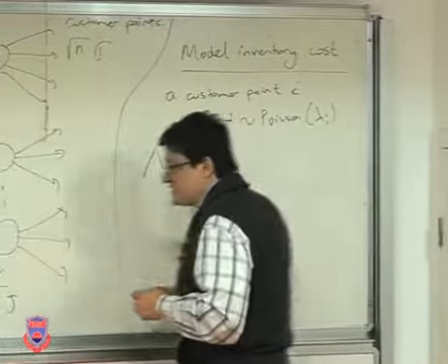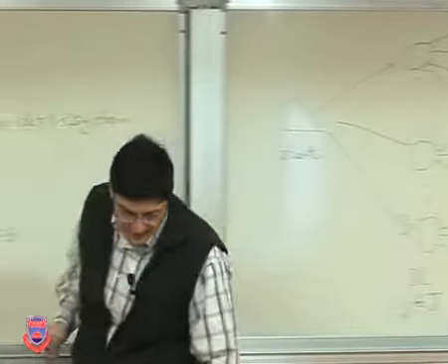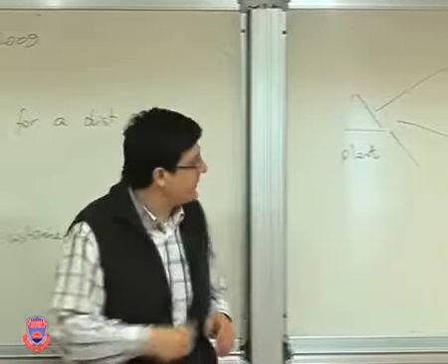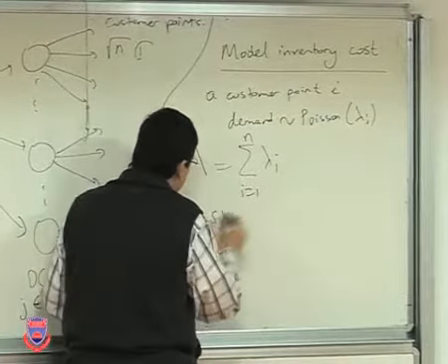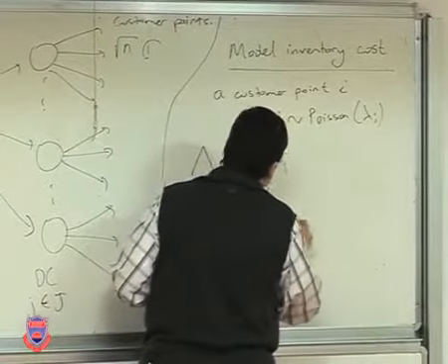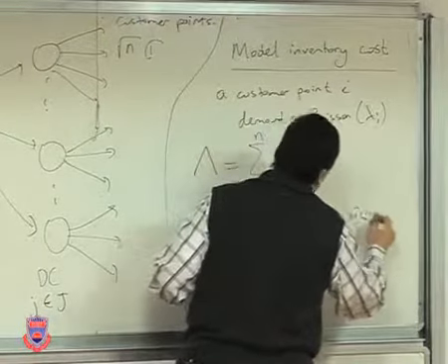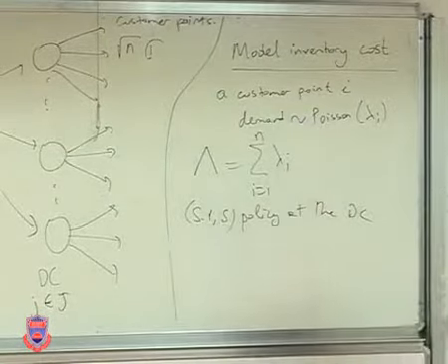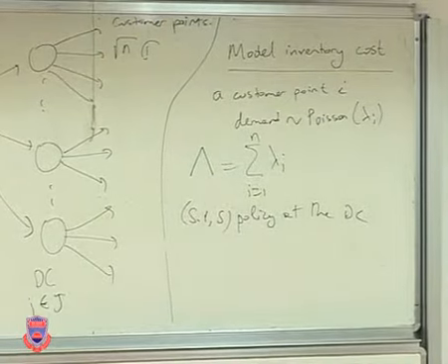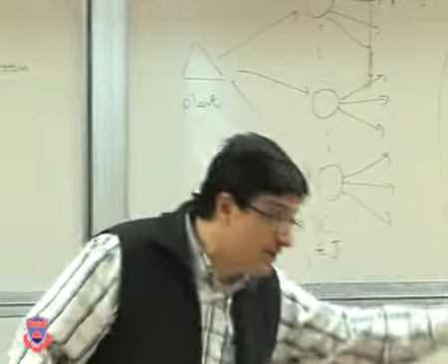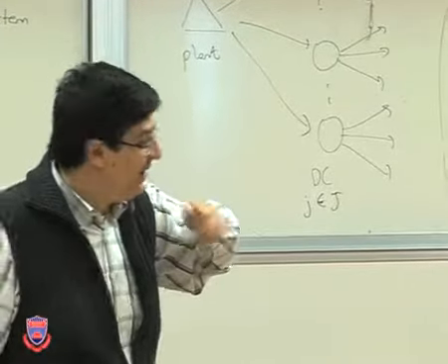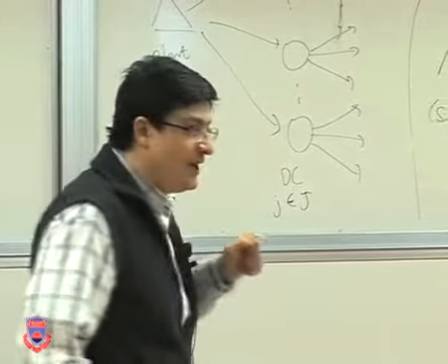They define this in this way, and then they make the following assumption. They assume that they apply an S-1, S policy at the DC. What is the meaning of an S-1, S policy? It means that whenever a customer point asks for a unit, the DC orders that unit from the plant.